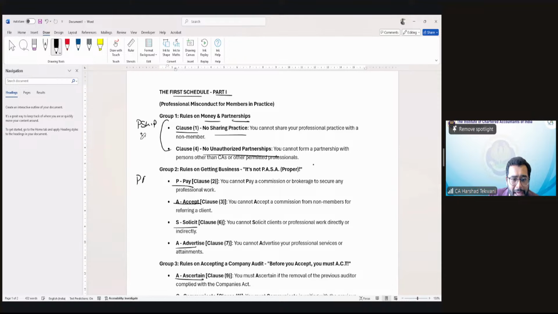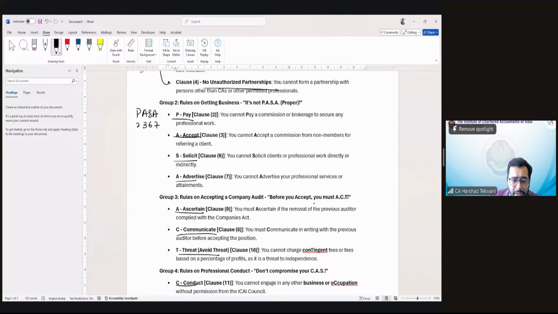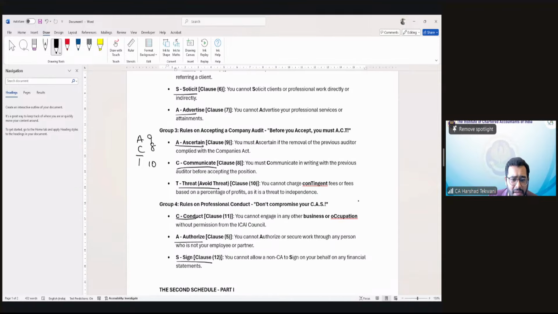Group 2 PASA, that is 2, 3, 6, 7. On partnership, 1 and 4. Then ACT, that is 9, 8, 10. And CAS is 11, 5, and 12. Clear?